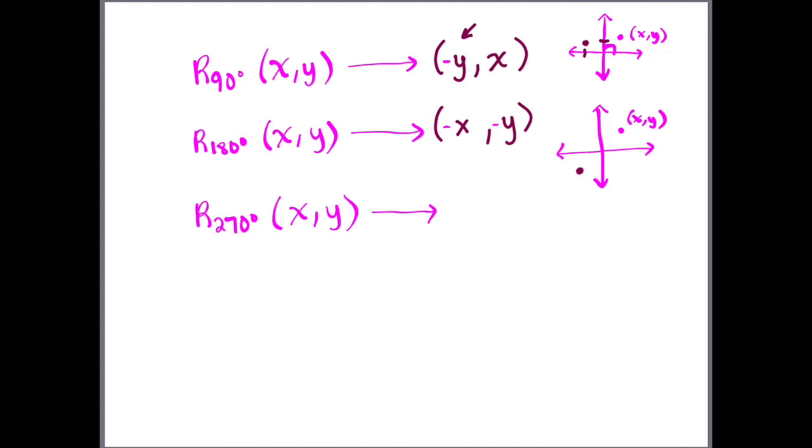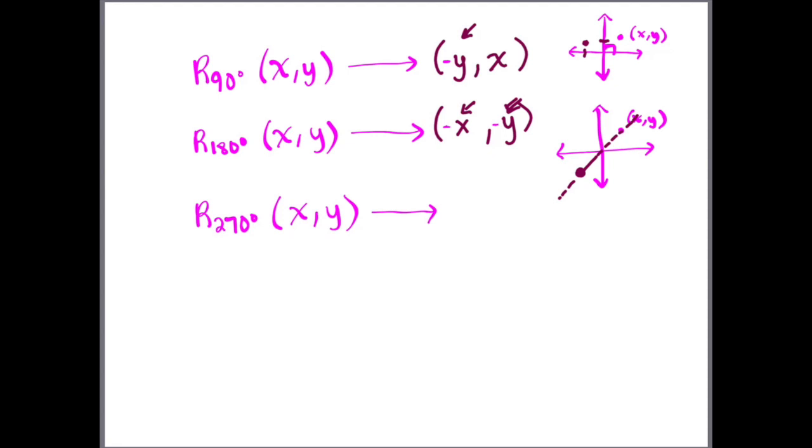Why? Because 180 degrees is literally a straight line. So we end up in quadrant 3. And in that third quadrant, the x value is negative and the y value is negative. So that's why that actually is true.